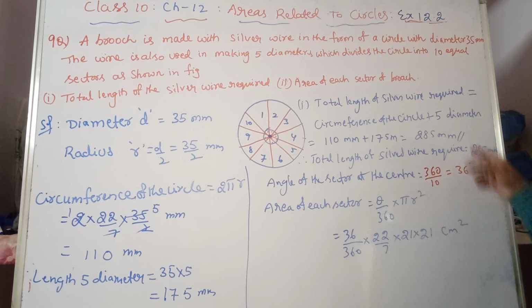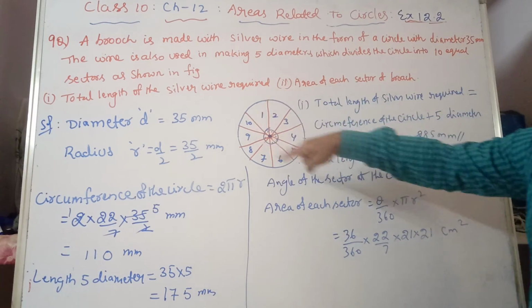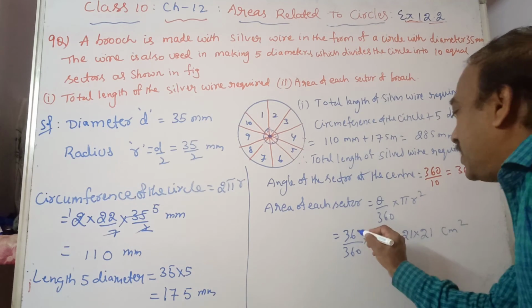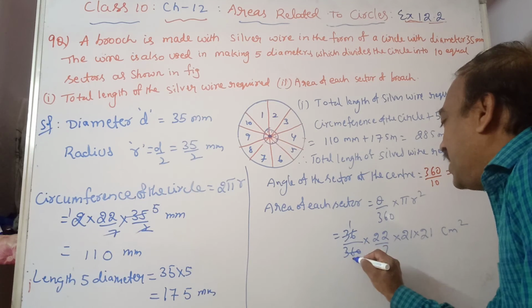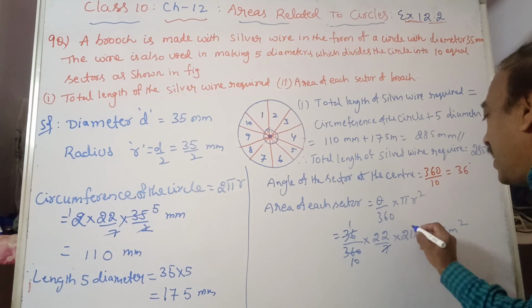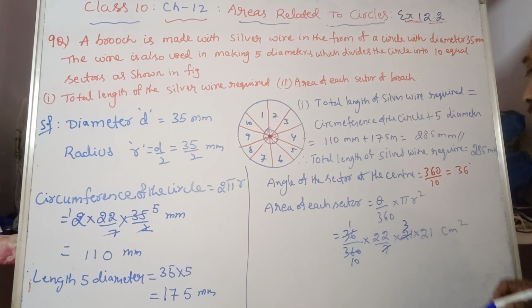36 is the angle. Why we got 36? Total it is divided into 10 equal sectors. Now 36 ones are 36, 36 tens are 360. Next 7 ones are 7, 7 threes are 21.